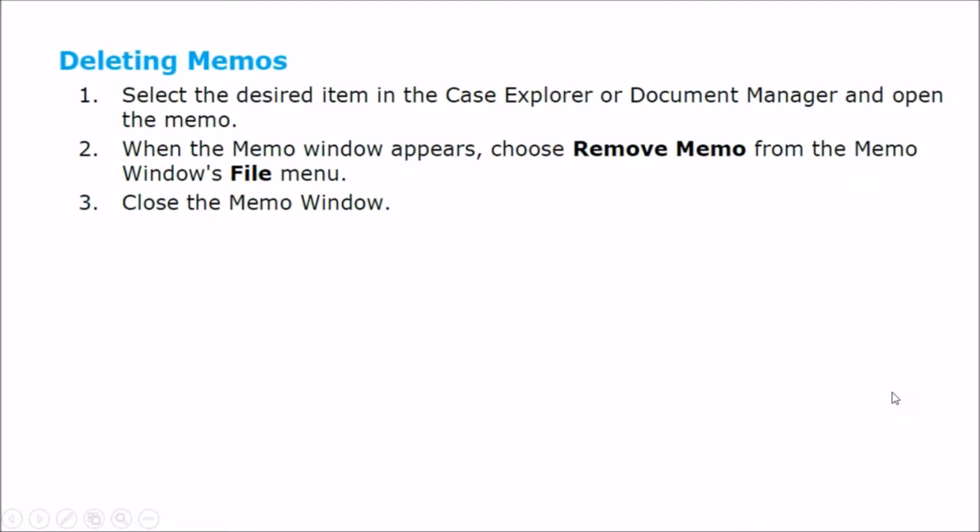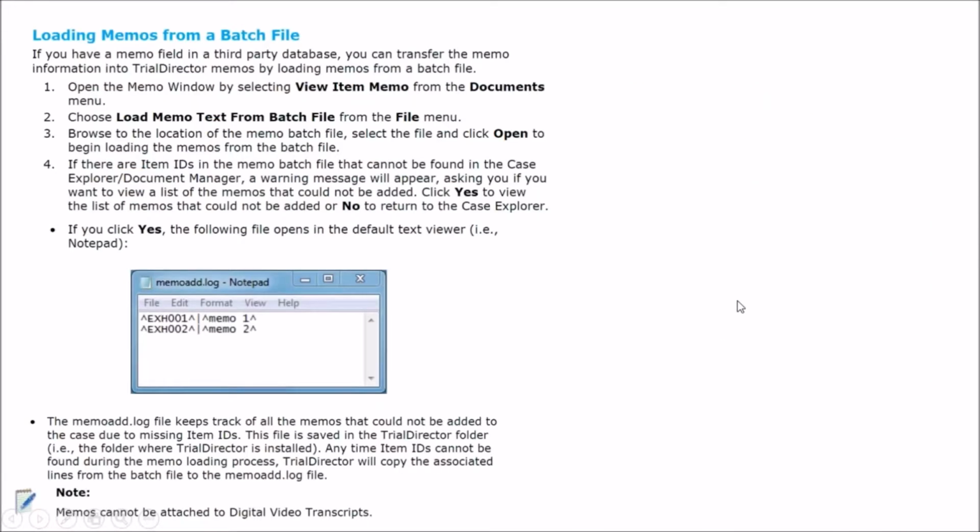When you want to delete a memo, basically it's a reverse procedure. You select the desired item in the Case Explorer or the Document Manager, open the memo, and then the memo window appears. You pick Remove the memo from the Windows File menu, and close the window.